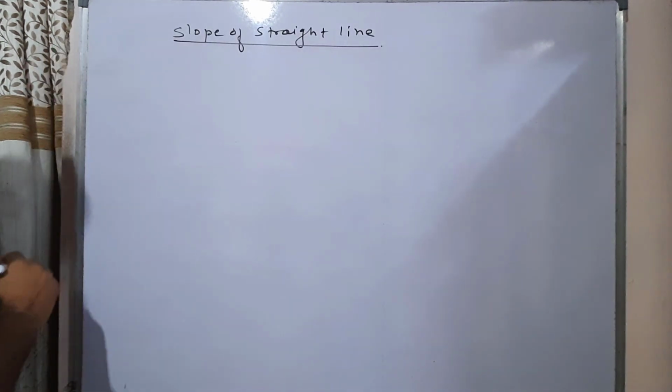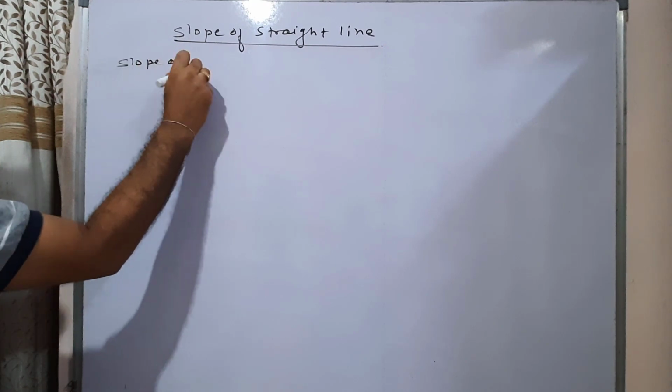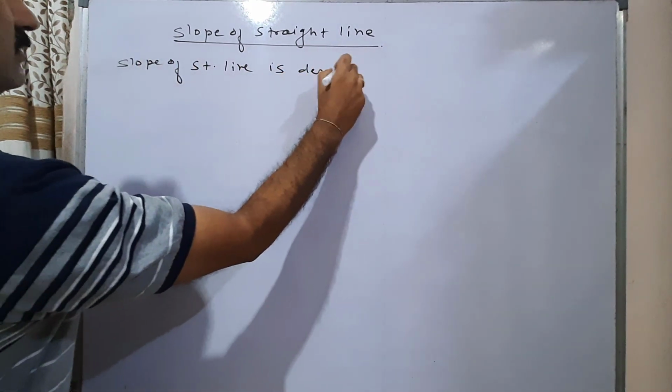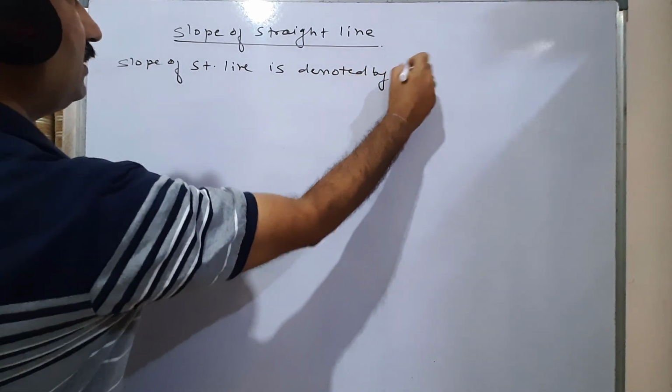Now we see the slope of a straight line. Slope of a straight line is denoted by m.